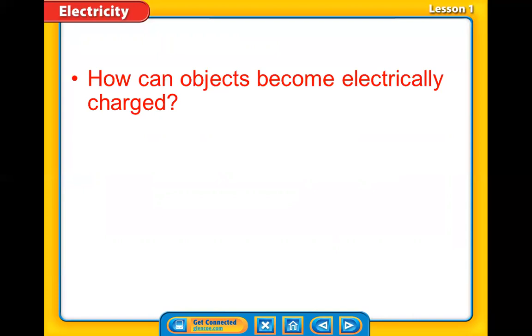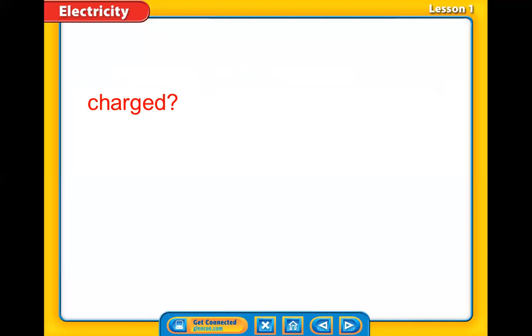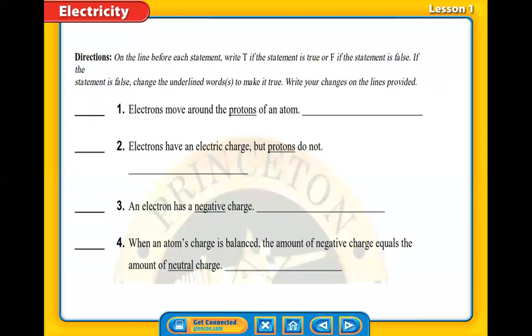It can be positively charged when it loses electrons, so the number of the positive will be more than the number of the negative. But if it gains more electrons, it's going to be negatively charged. This is the way in which the atoms or the objects become electrically charged.